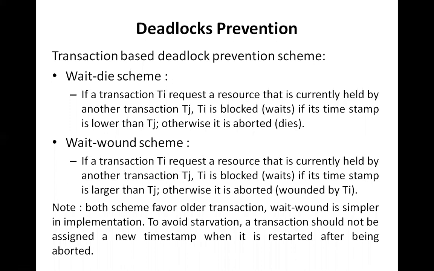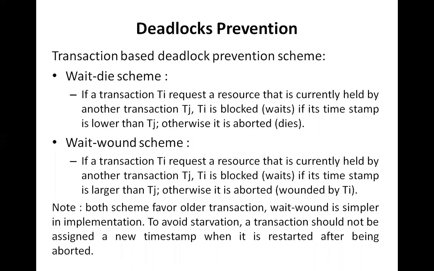If Ti requests a resource that is currently being held by Tj, Ti is blocked, meaning it will be in the wait state, if its timestamp is lower than Tj's. Otherwise, it is going to be aborted, or it is going to die.